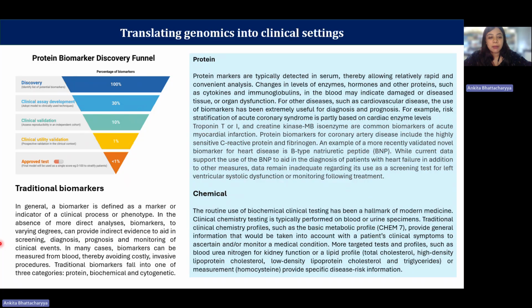In many cases, biomarkers can be measured from blood. Therefore, it helps us avoid costly invasive procedures. Of course, the invasiveness of these procedures is something very crucial. And traditionally, biomarkers fall into one of three categories. They can either be protein, biochemical, or cytogenetic.